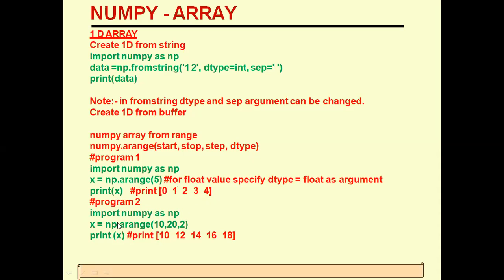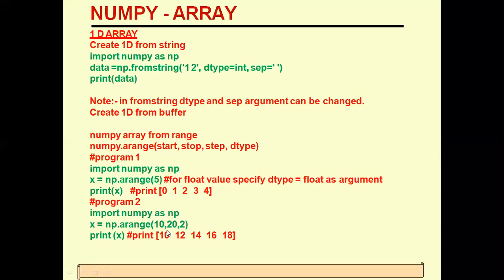So this is another example. Import numpy as np. x equal np dot arange function 10, 20, 2. 10 is the beginning, last is 20, step 2. See here, start or beginning: 10 is the start, 20 is the last, 2 is the step.